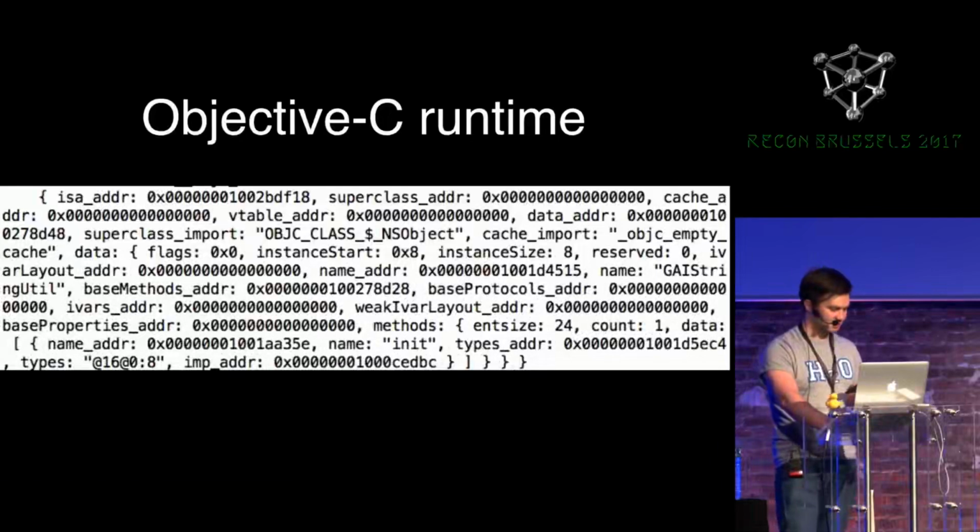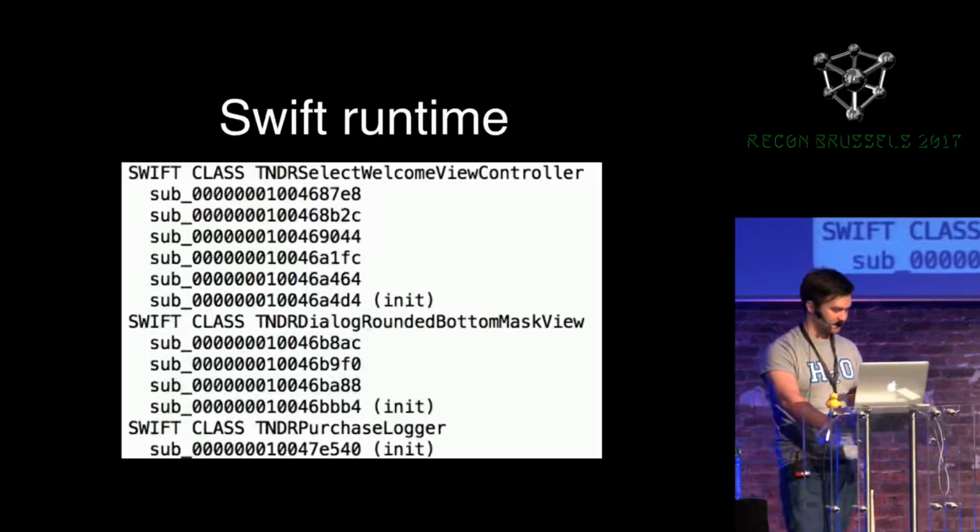We can decode the signature to get precise information about argument types and the return type of this function. Next slide shows us an example of a recovered Swift class. It's worth mentioning that we were unable to recover anything but class names and virtual tables. Even function names are missing and cannot be recovered from the binary.